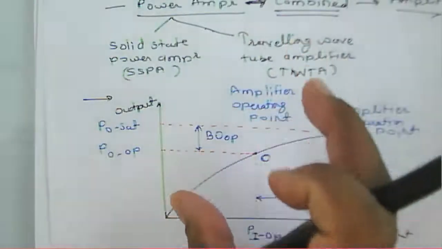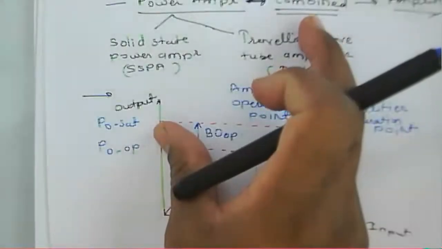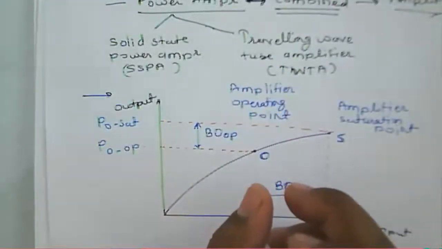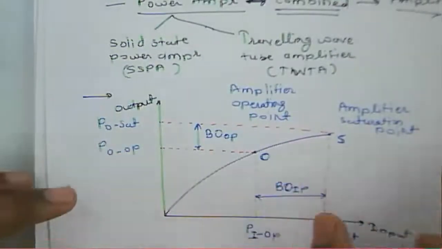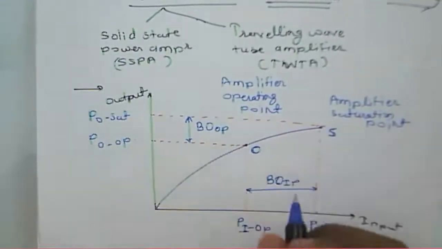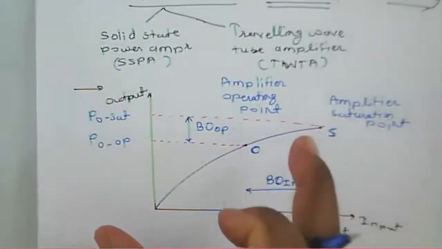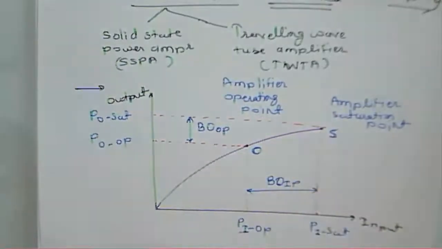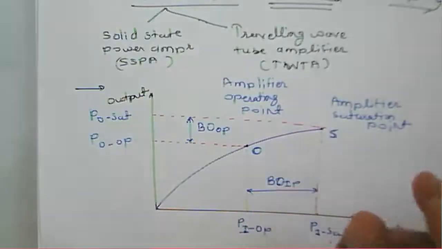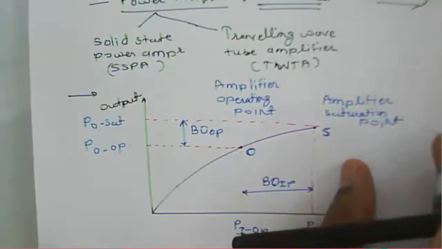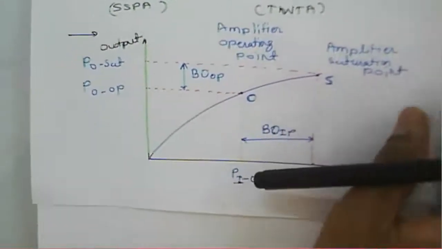If the amplifier operates in a linear manner, there is no problem. But the amplifier produces intermodulation products when it operates in the non-linear region. That's how a non-linear amplifier produces intermodulation products.